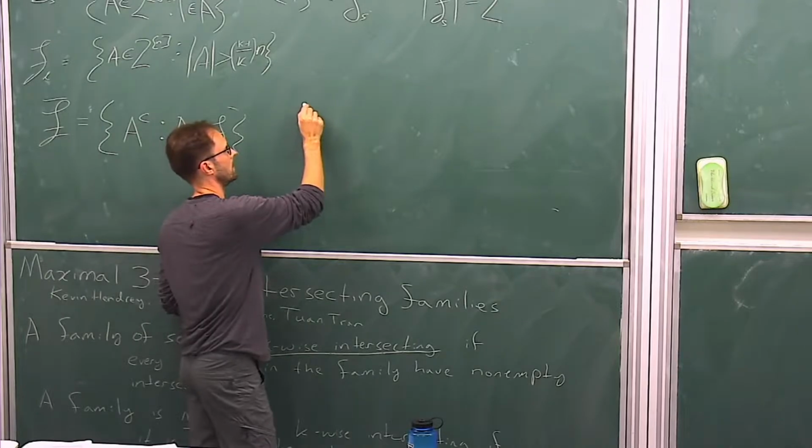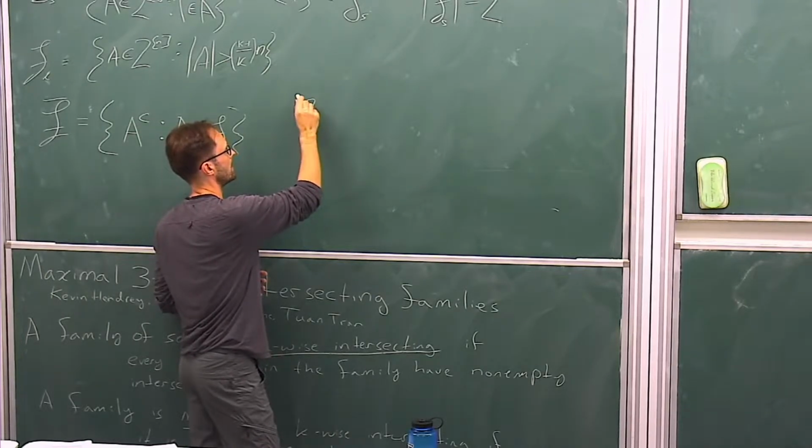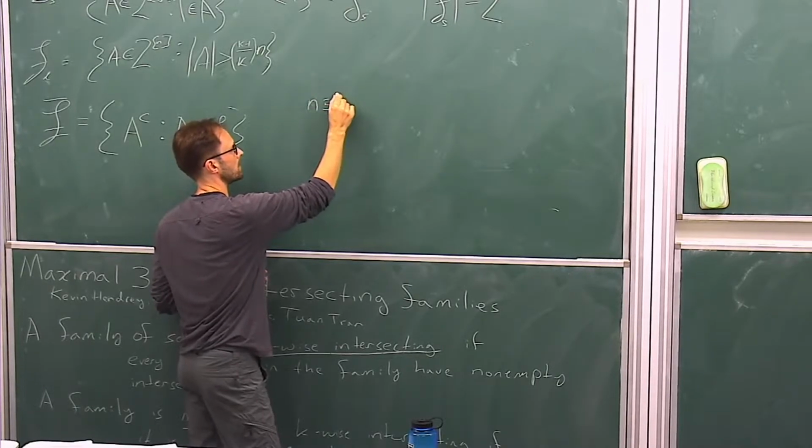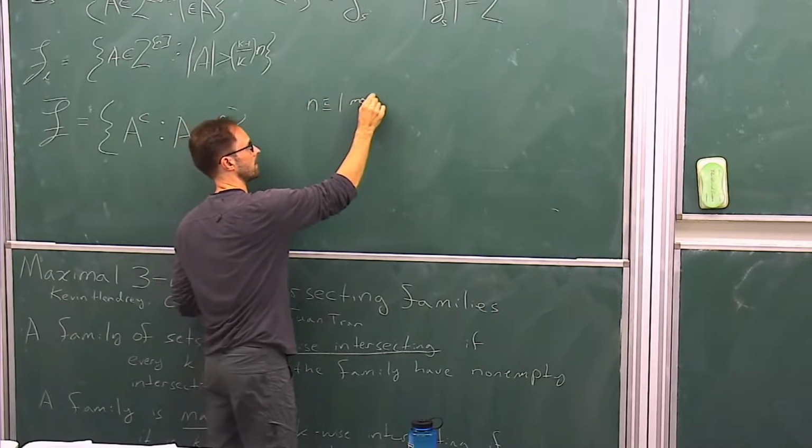For example, say n is congruent to 1 mod k, I think.